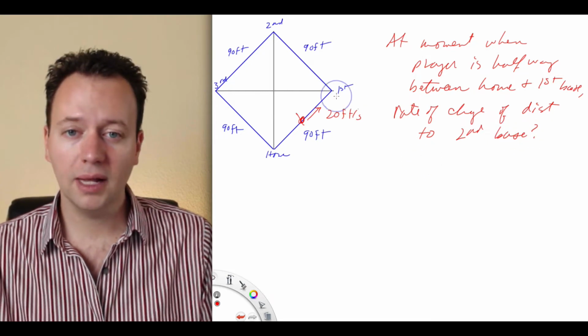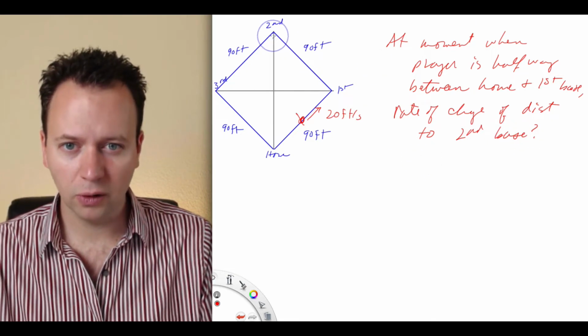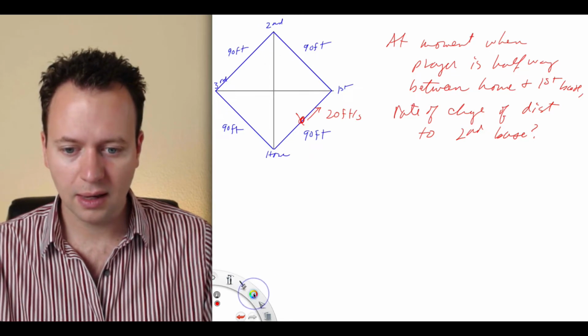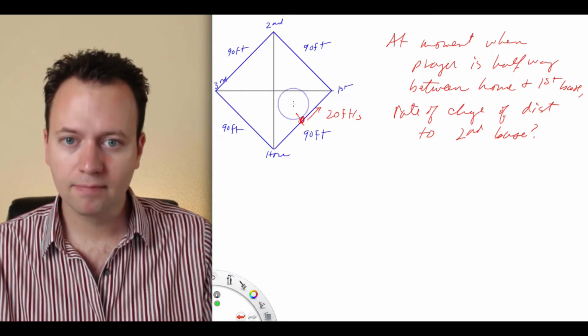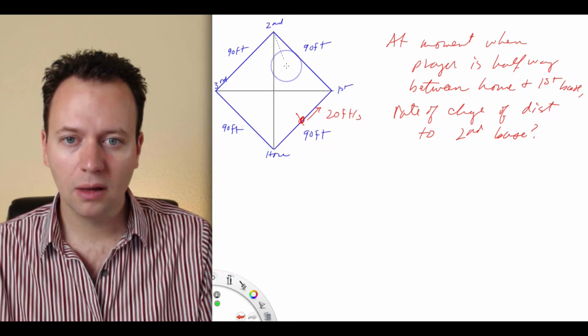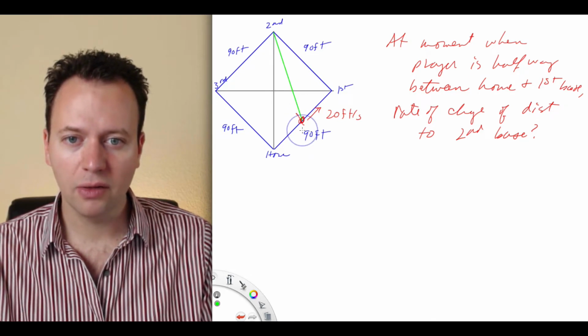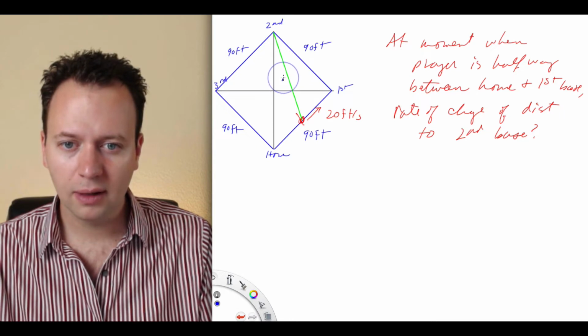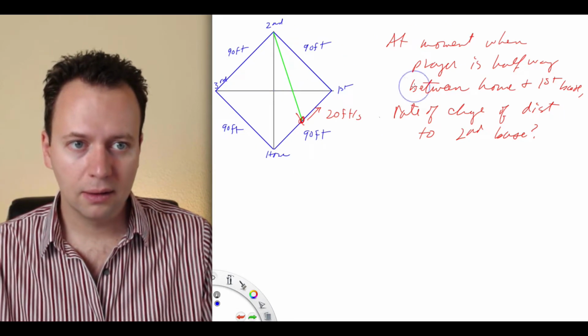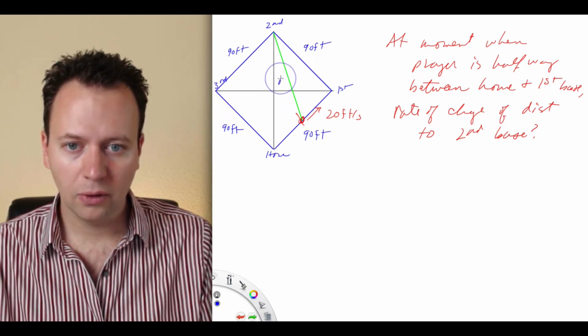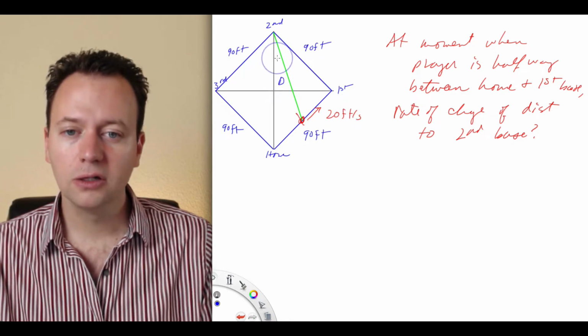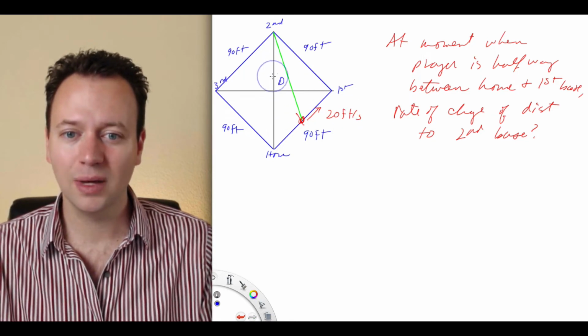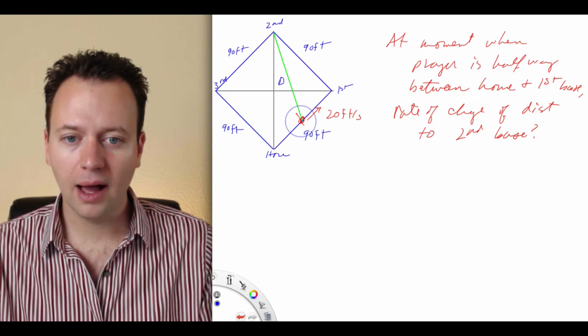Okay, so let's first think about what the distance would look like. The distance is going to be the length of this line right there. So we'll assign our first variable, capital D for distance, the distance between the player and second base.